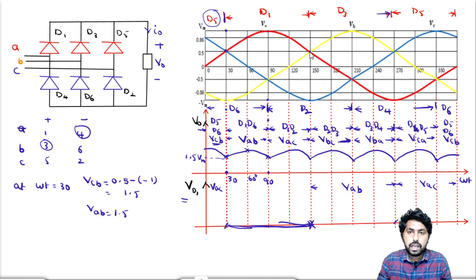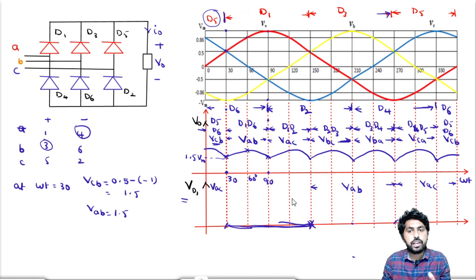Next, at the center of the line, what happens? VA is minus 0.5 and VB is 1.